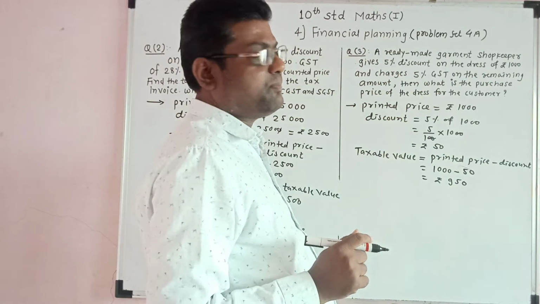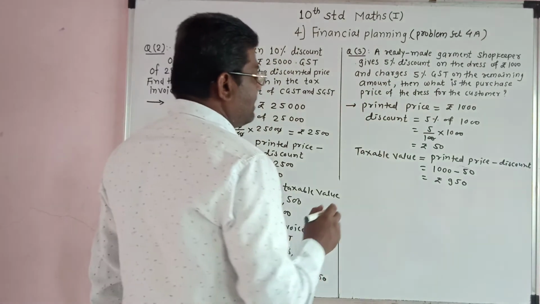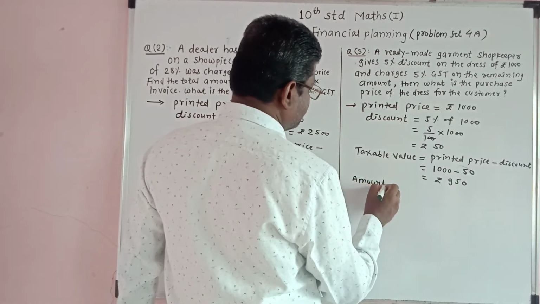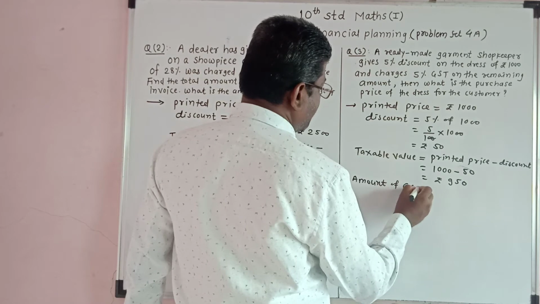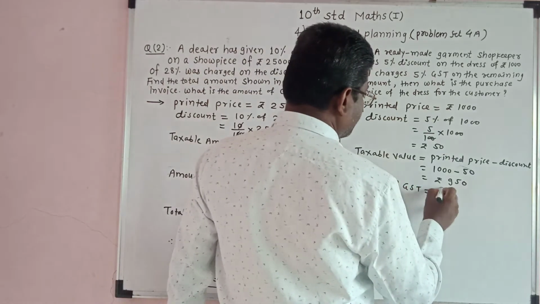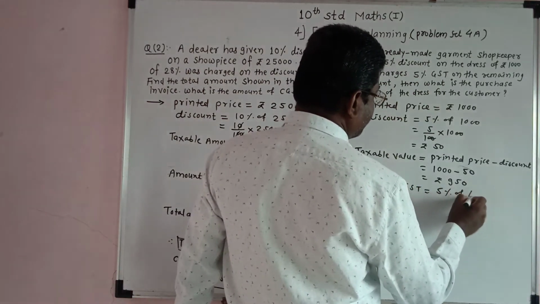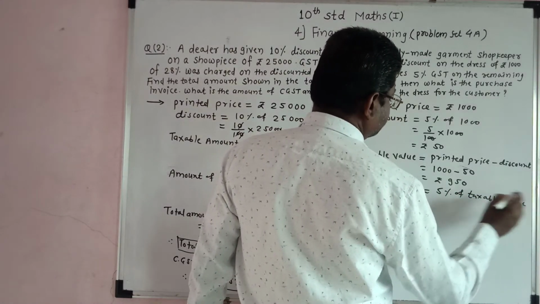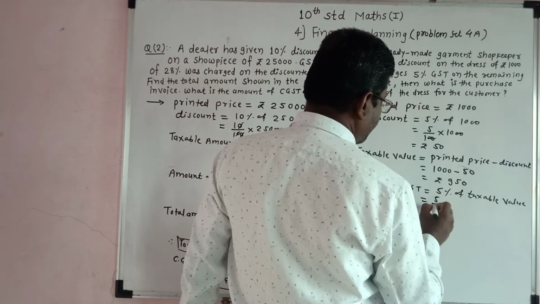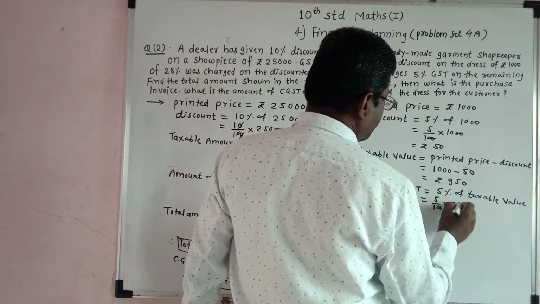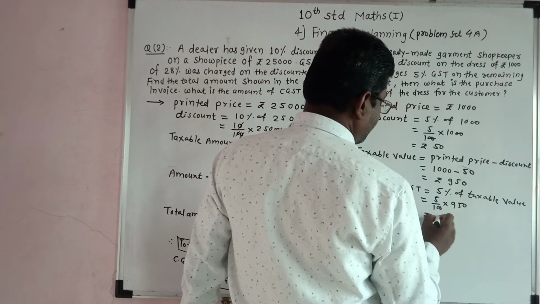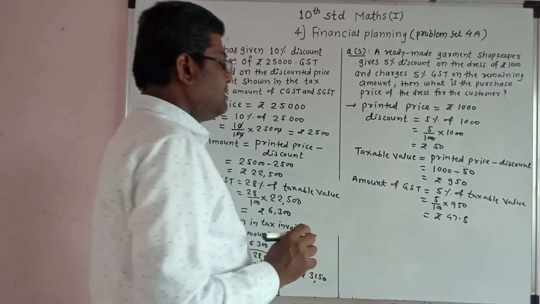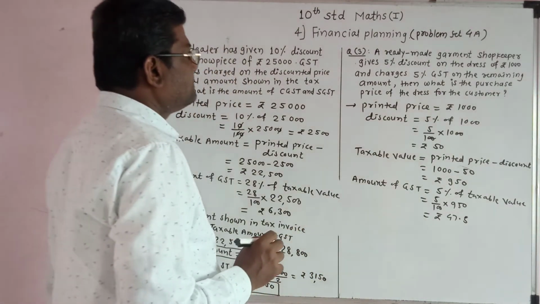And GST is 5% on taxable value. So amount of GST is equal to 5% of taxable value, which is 5 upon 100 into 950. So it will be rupees 47.5. It will be the amount of GST.